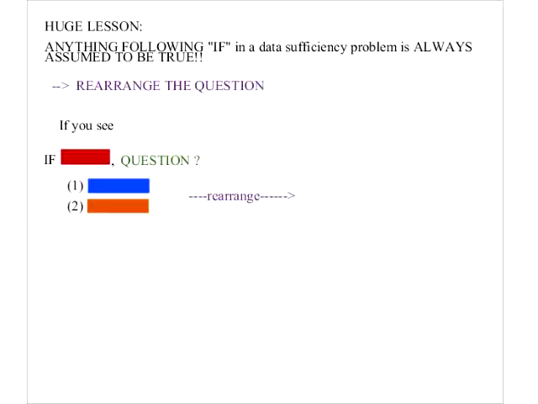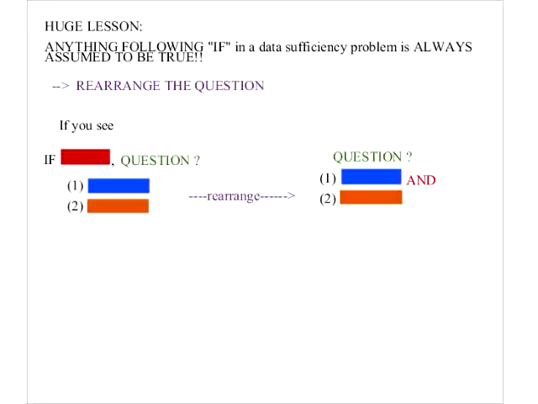And so the question part is really just the green question. You should rearrange the data sufficiency problem so it's just the question. And then, because the red statement is assumed to be true, you can just add it to the statements that are already there. So statement 1 is still that. Statement 2 is still that. But whatever it says after the if part, you can add it.